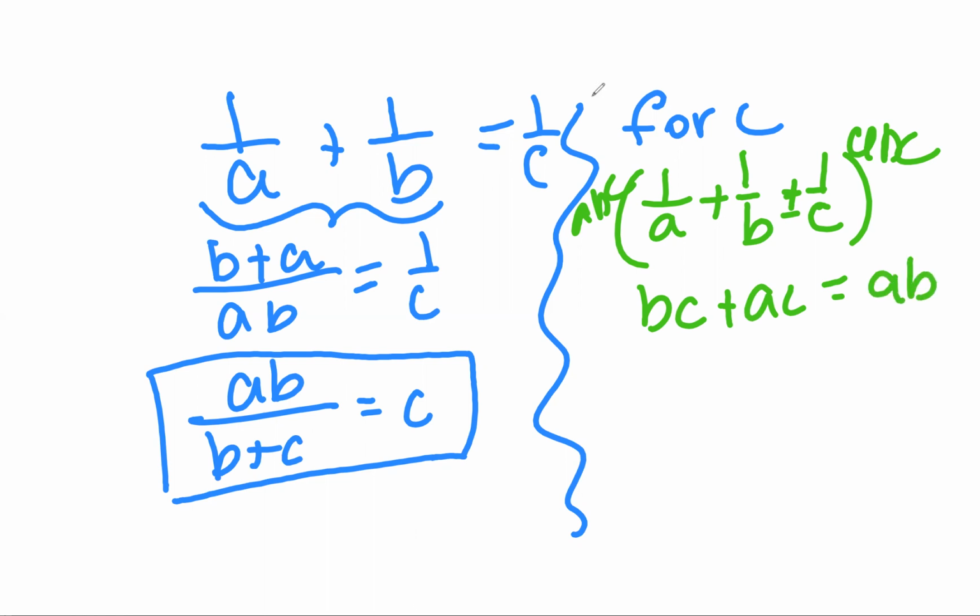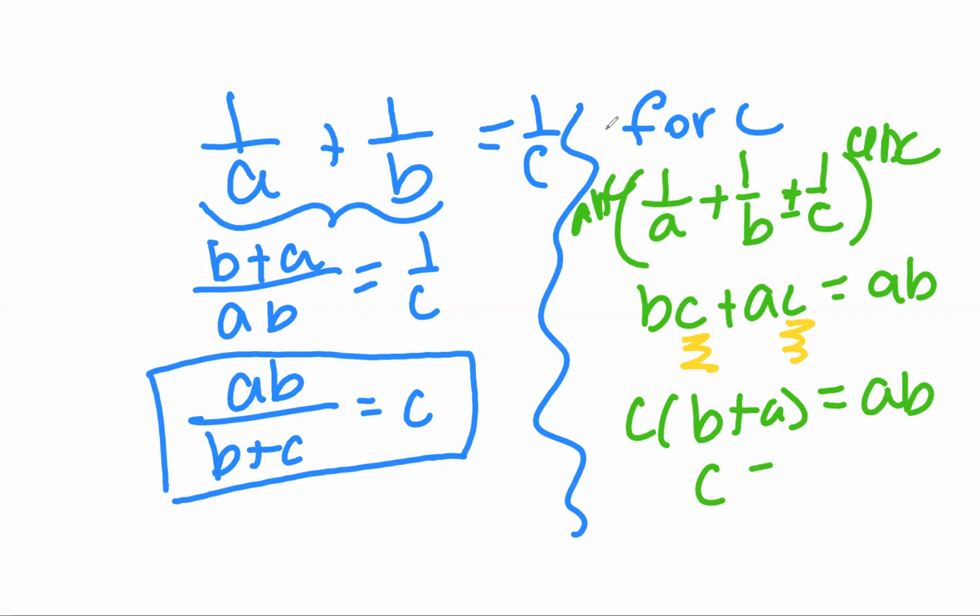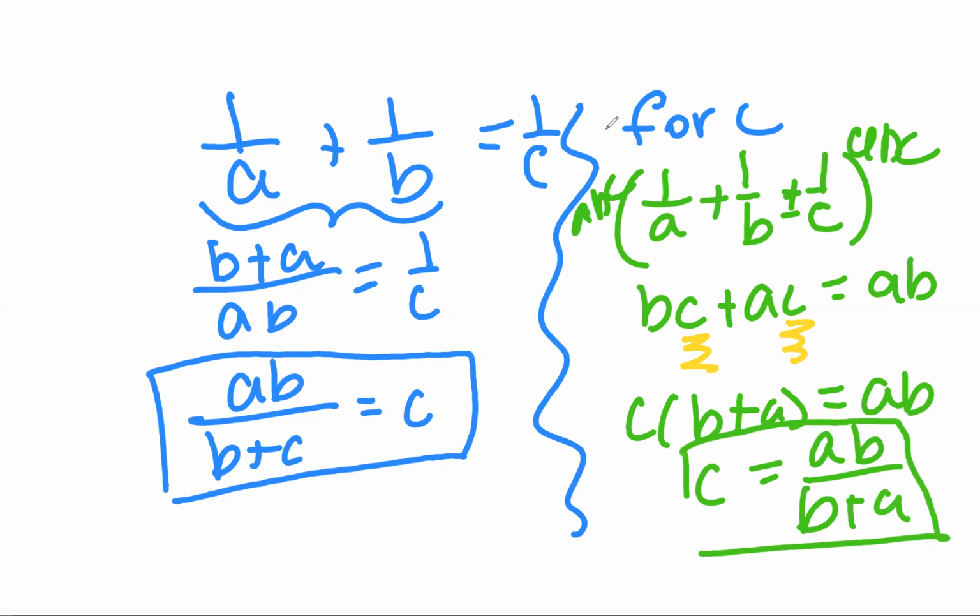All right, so when I see that, now I see a c here and I see a c here. So I need to factor out the c, and then divide by what is with c. So c equals ab divided by b plus a, which was what I got over here. So I don't care what method that you use as long as it is a mathematically sound method of doing something.